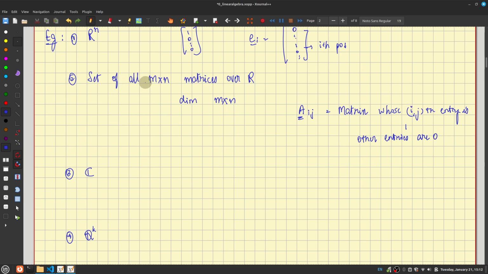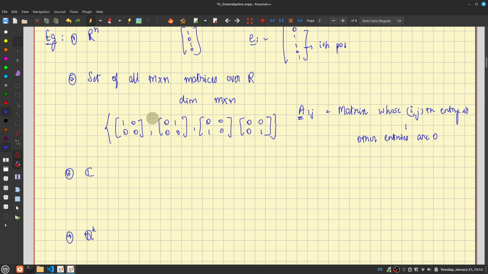So let's assume that m and n are equal to 2, then A11 would be this matrix, A12 would be this matrix, A21 would be this matrix, and A22 would be this matrix. You can convince yourself that all of these are linearly independent, and indeed you can generate any 2 by 2 matrix using just a linear combination of these matrices.